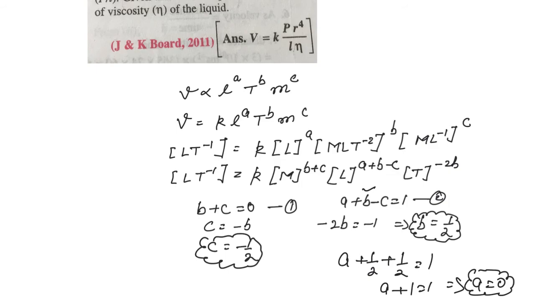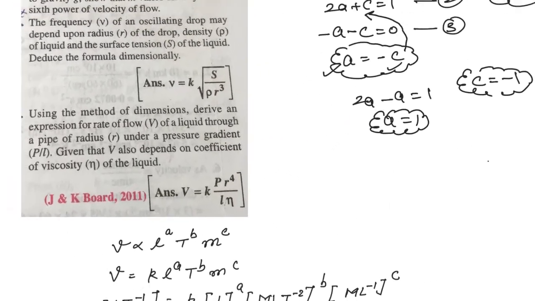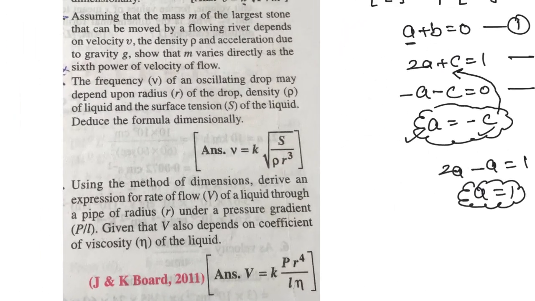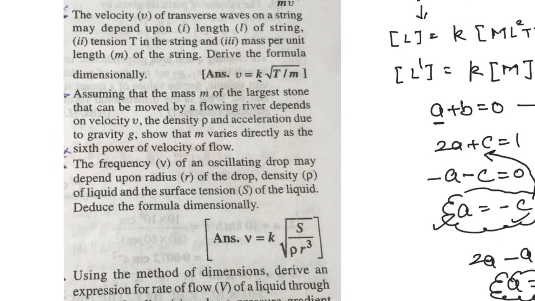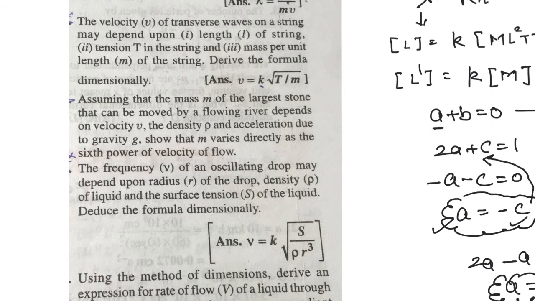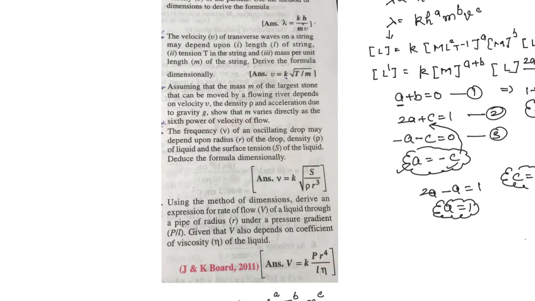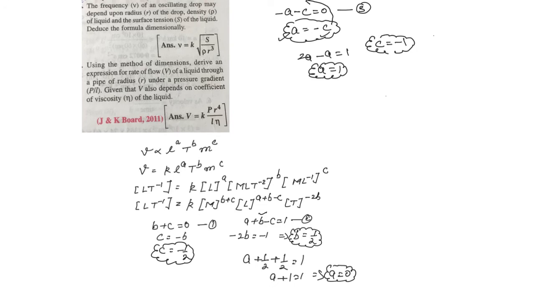So class, what does it mean by a equals 0? It means that it does not depend on length. Okay, it depends on mass per unit length. So what was the equation?